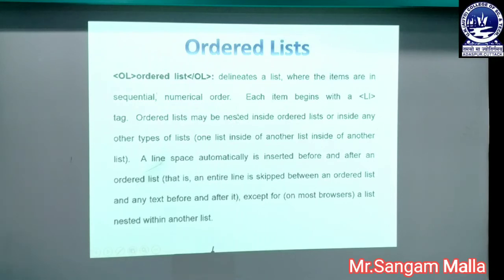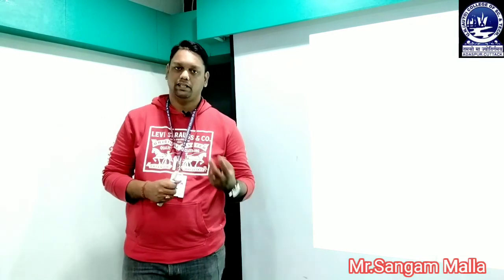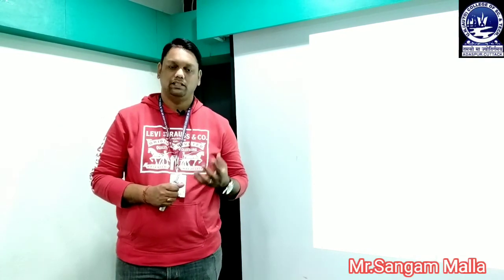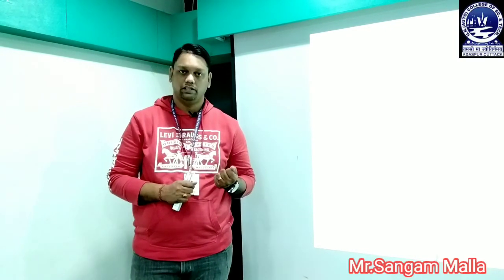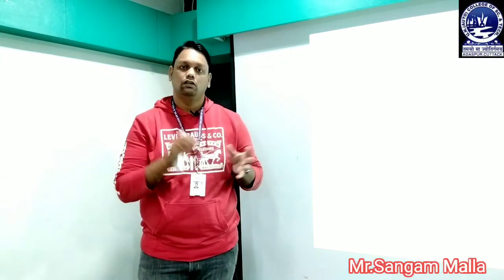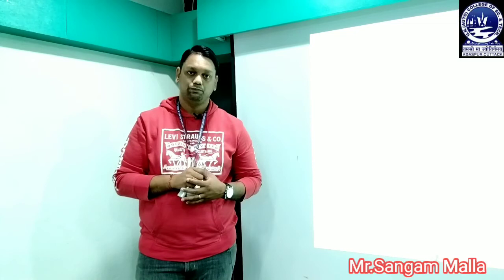So we have discussed the concept of the unordered list and now we will discuss the concept of the ordered list. As we have discussed, there are two categories of list, ordered list and unordered list. We have already discussed the unordered list, where we use symbol bullets to identify or emphasize a particular text in the paragraph.